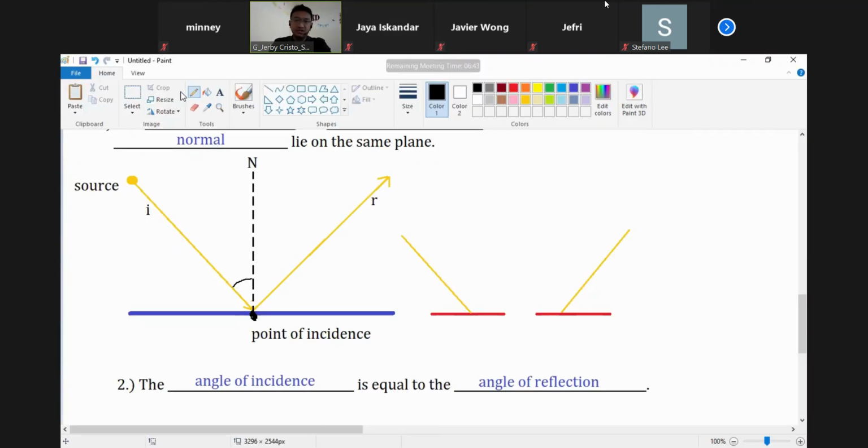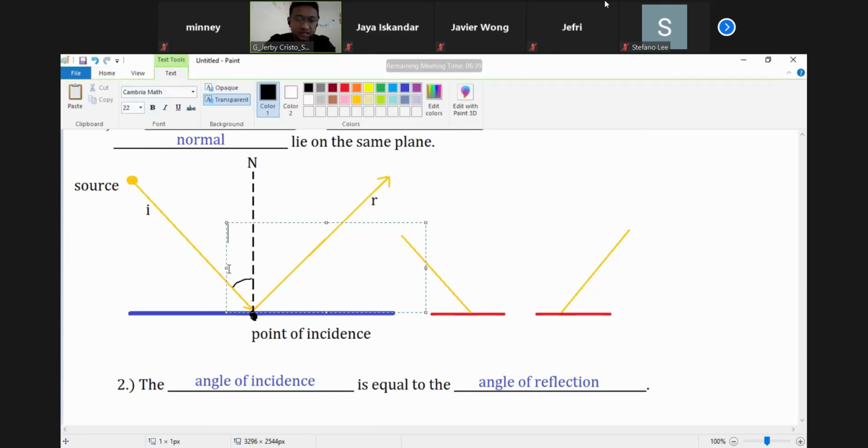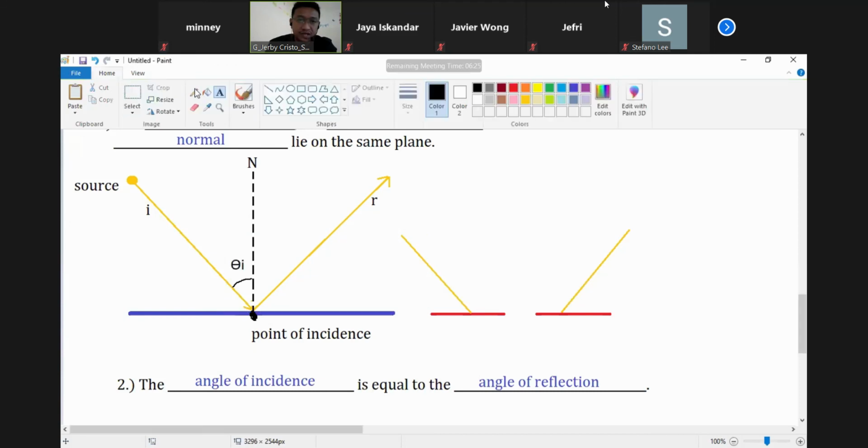We denote it with the symbol theta I. And then we have another angle from the normal to the reflected ray, and that is the angle of reflection.